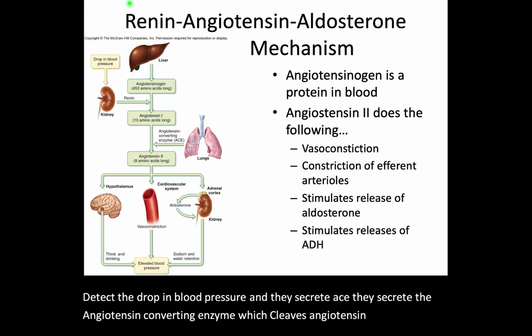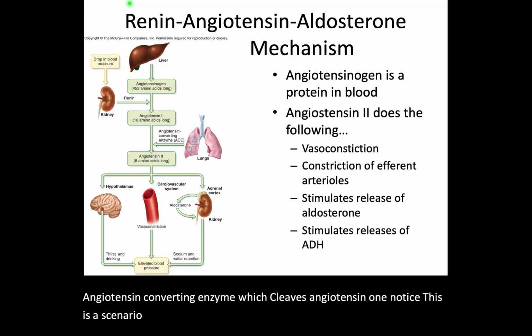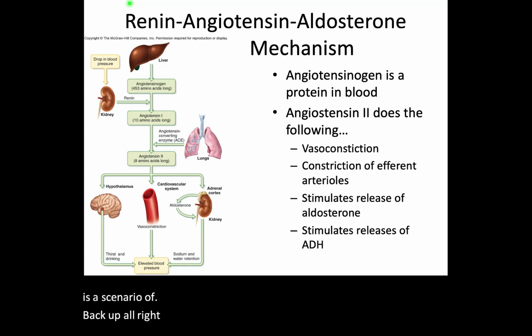Notice this is a scenario of backup. All right. So just the lungs detecting a drop in blood pressure isn't enough. Both the lungs and the kidneys have to detect this change in blood pressure.